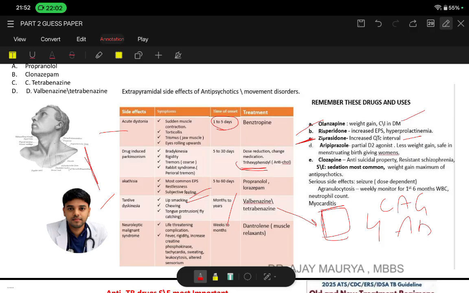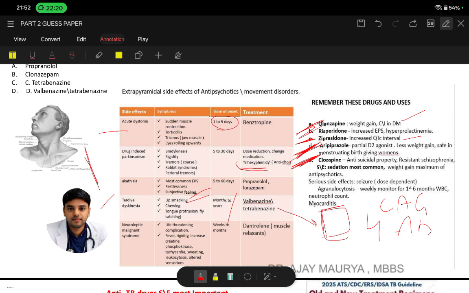It is your aripiprazole. Okay, this is an exam question. And which antipsychotic has the most anti-suicidal property? It is your clozapine. Okay, clozapine.